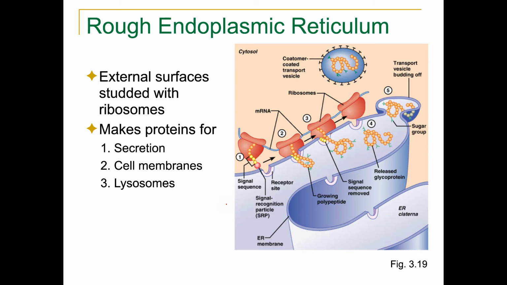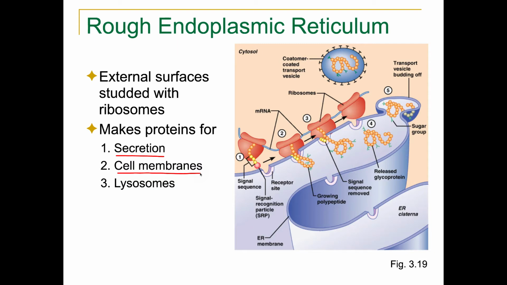So these proteins are going to exist and function in a certain place if they're made at the rough endoplasmic reticulum. Some of them are going to be shipped out of the cell, so we'd say they're secreted. Some of those proteins are going to exist on the cell membrane, so let's think about those. You might run into the channels, right?